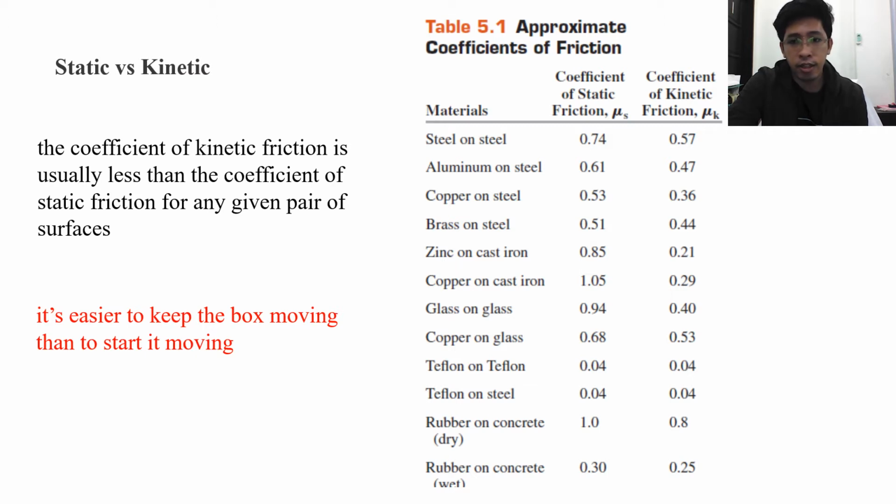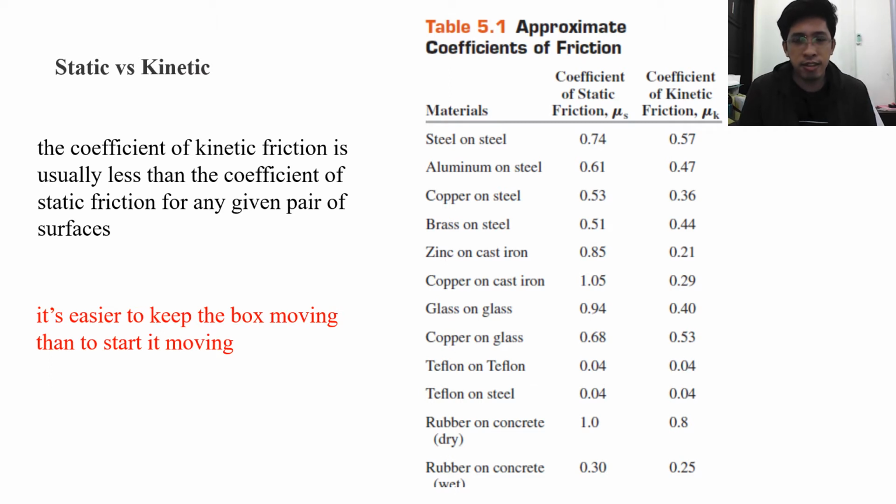Another important thing to note here is that your coefficient of static friction is always greater than your kinetic friction, or the coefficient of kinetic friction is usually less than the coefficient of static friction for any given pair of surfaces. In short, it's easier to keep the box moving than to start it moving. You may have observed this when you're trying to push a cabinet.